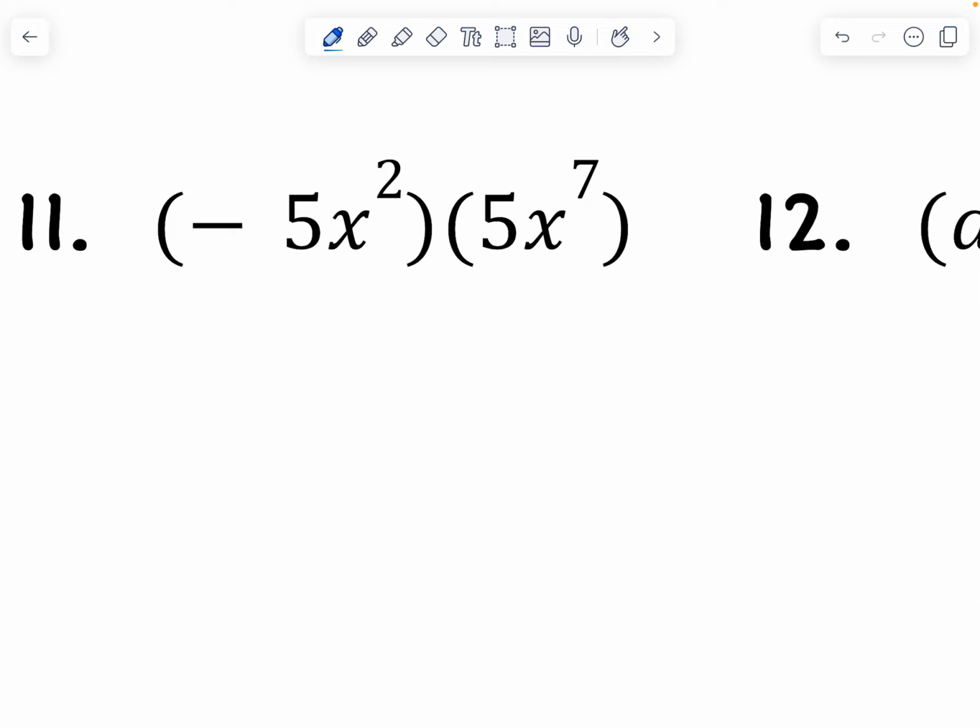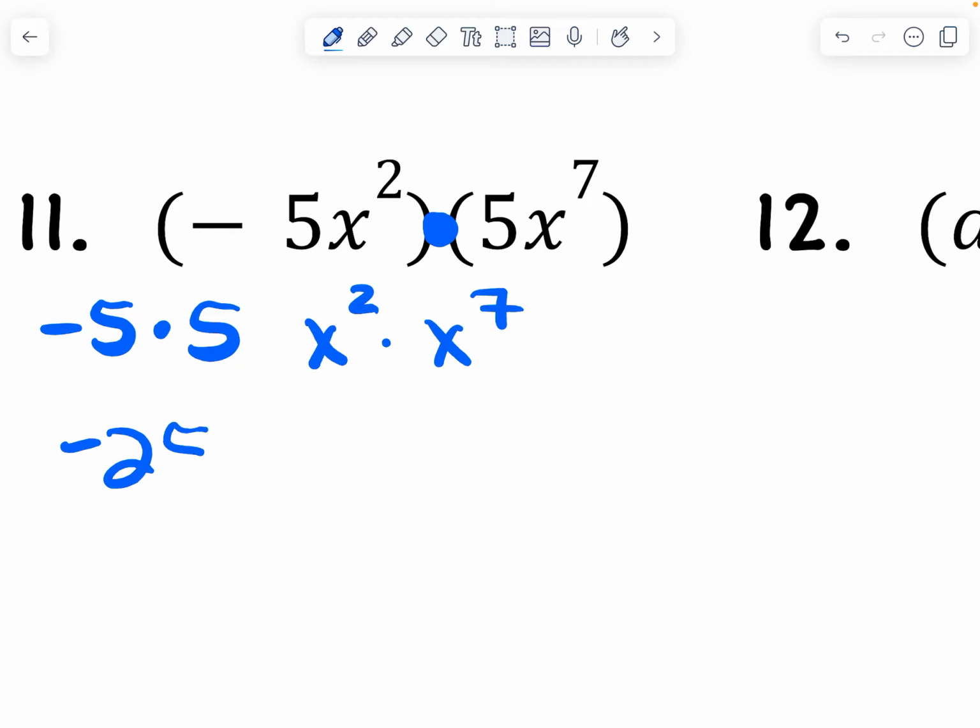Again, there's no exponent. This is just multiplication, so I'm just taking negative 5 times 5, x squared, and x to the 7th. So negative 25, and then I add my exponents.